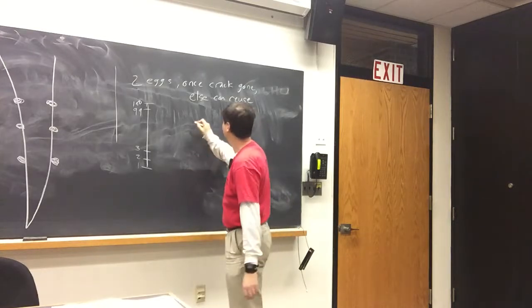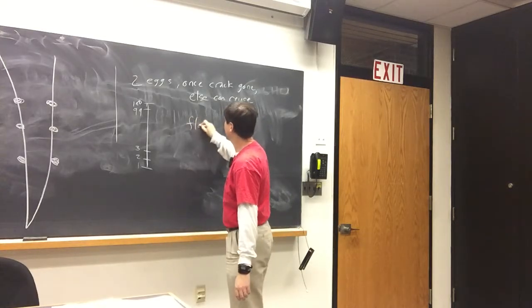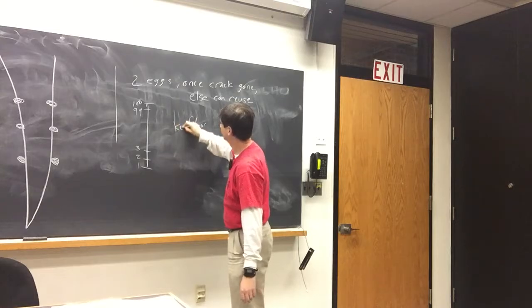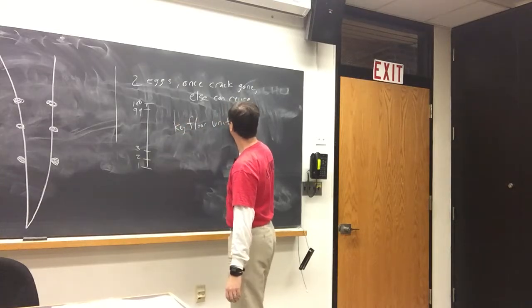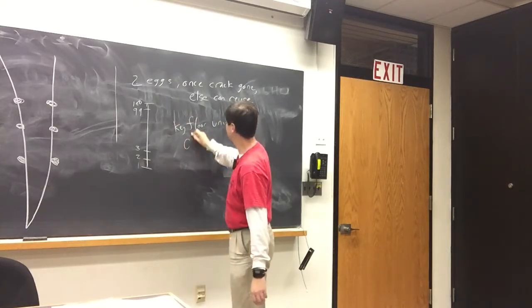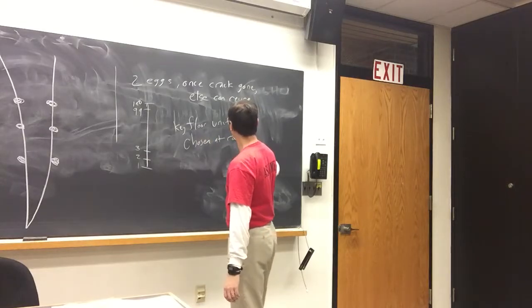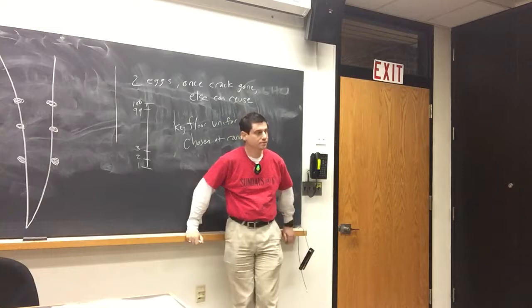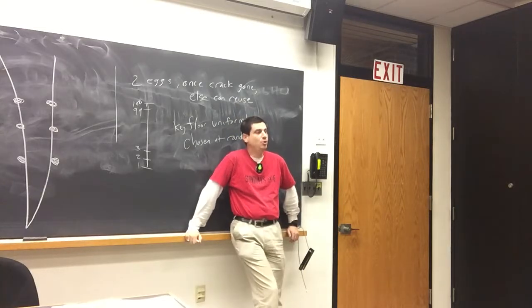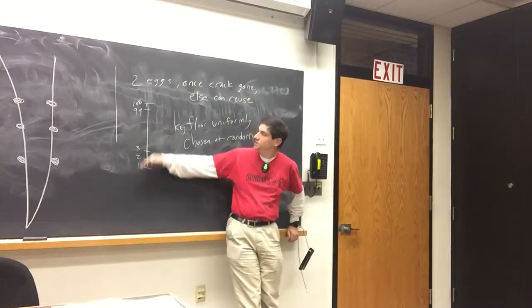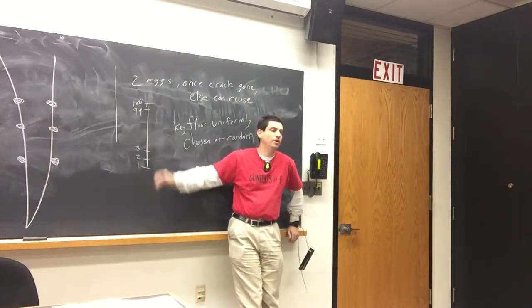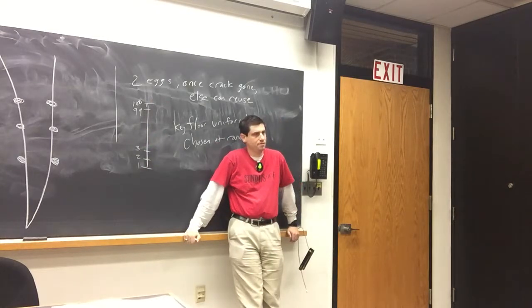So we want to assume the key floor is uniformly chosen at random. If we don't put that in, then that could affect your strategy. So let's assume that the number is equally likely to be any one from 1 to 100.